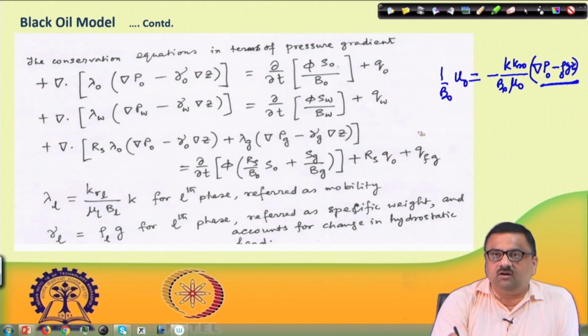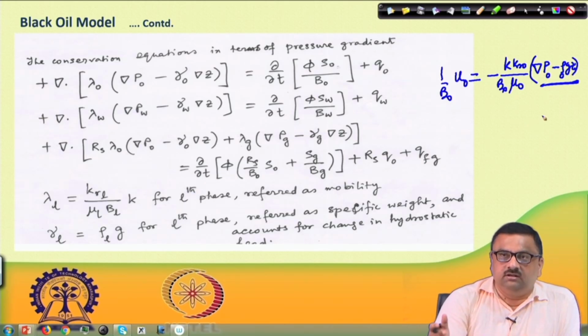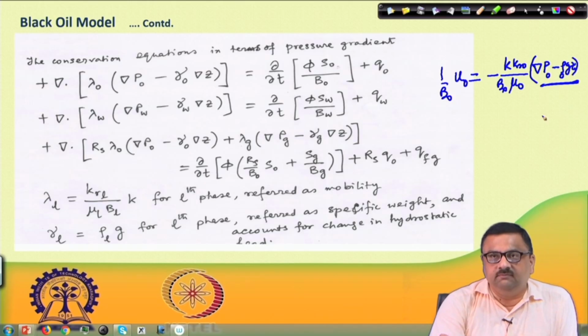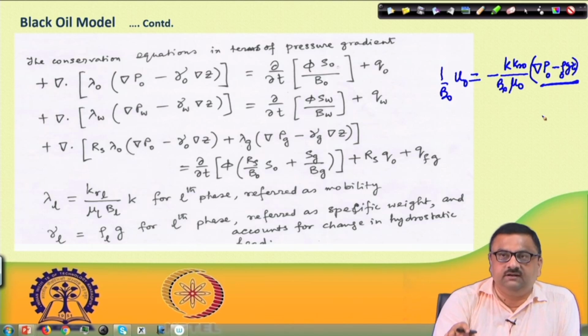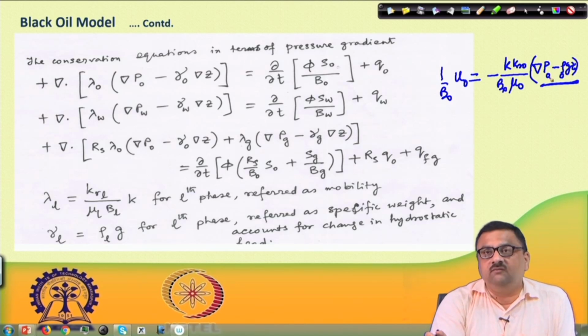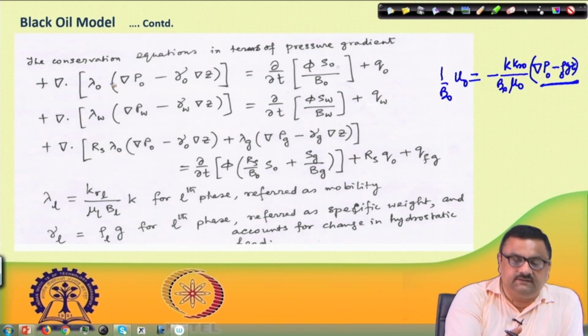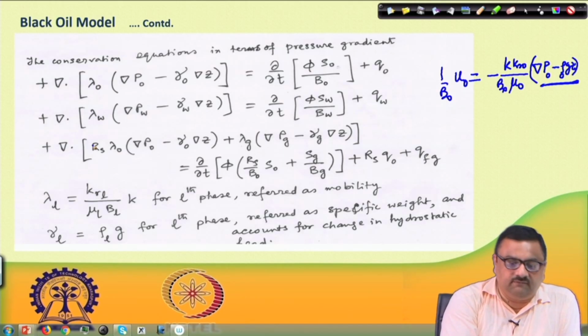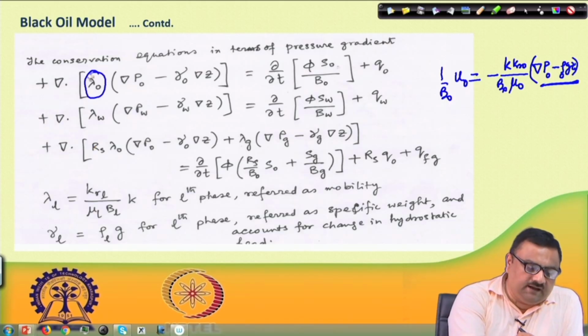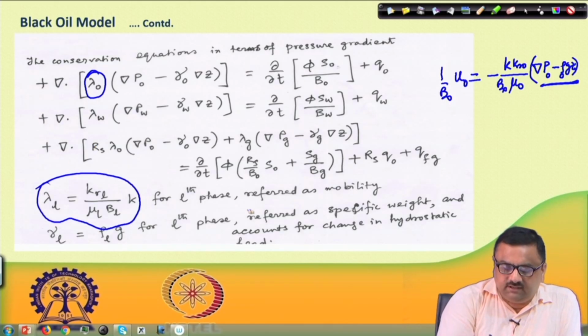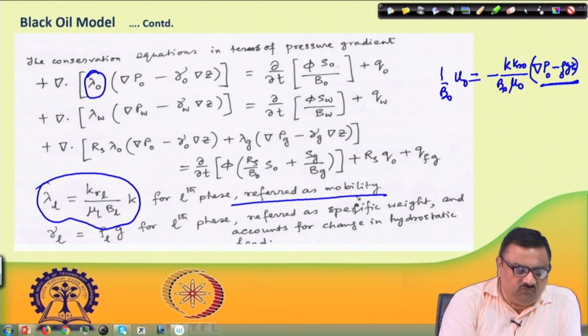See, when we are having a horizontal flow through a core, we are talking about delta P, but when there is a 3-dimensional flow, one may have to consider the gravity. Otherwise, you have to account for it in the pressure itself somehow. Either you do it explicitly or implicitly one can do it. So, this is the simple expression one can have, and you can write this in terms of lambda, where this is the definition of lambda for the lth phase, and this lambda is referred to as mobility.